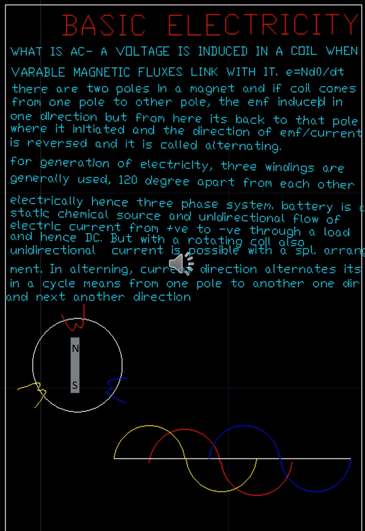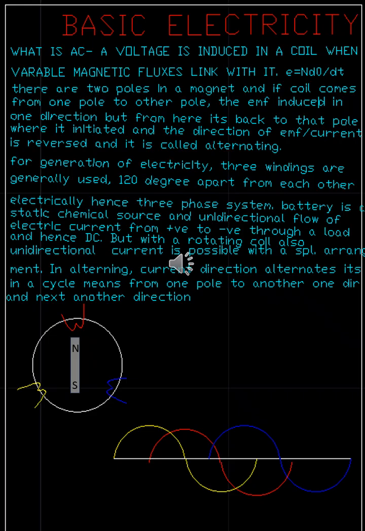So what we are doing, we may fix the coil and rotate the magnet, or we may fix the magnet and rotate the coil. In both cases, the changes will occur.